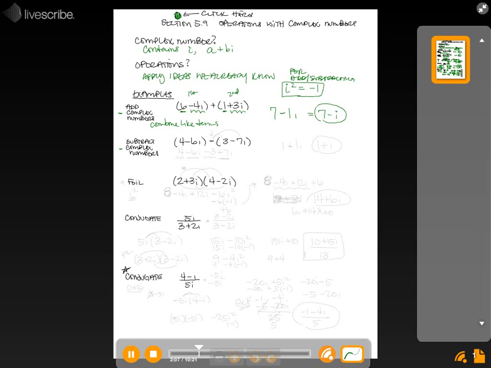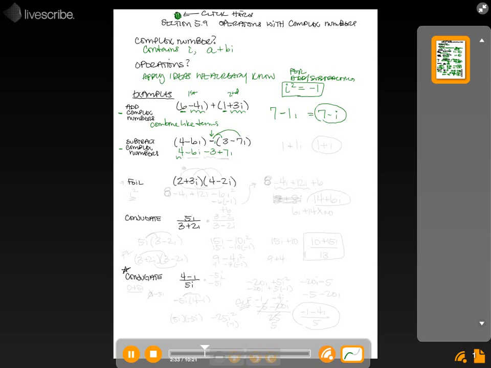Subtraction of complex numbers is the same idea. The difference is we have to distribute this negative. So we have 4 minus 6i minus 3 minus 7i. And we take that negative and distribute it through. So now we have 4 minus 6i minus 3, because a -1 times 3 is -3, and -1 times a -7 would be plus 7i.